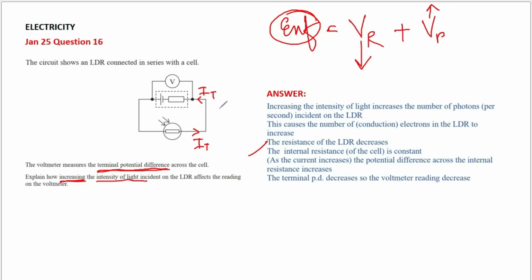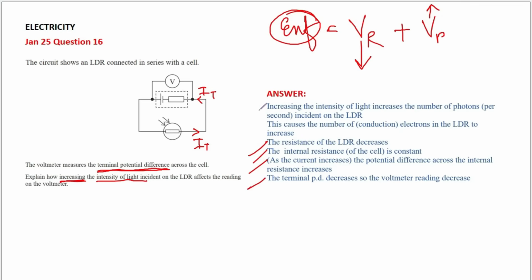I gave you a 3-mark answer, but this wasn't a 3-mark answer. This was actually a 6-mark question. I forgot. I thought this was a 3-mark question. The internal resistance is constant. Fine. As current increases, the potential difference across internal resistance increases. So the terminal PD decreases and the voltmeter reading decreases. I actually gave you a 4-mark answer.